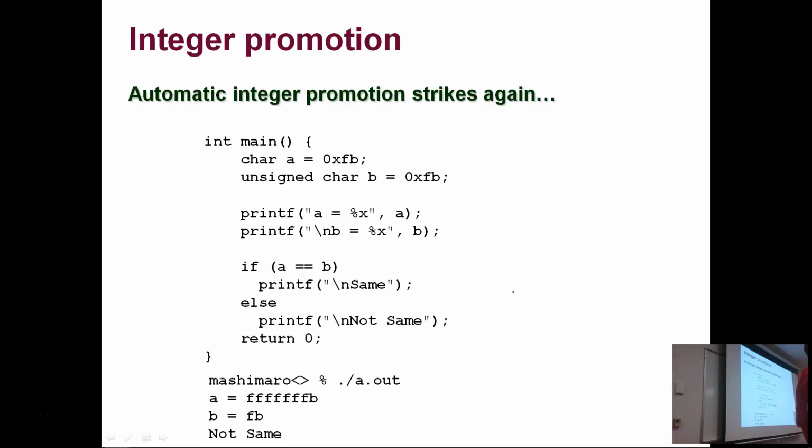I still don't get why the conditional A equals B promotion. If they just promoted to unsigned, isn't that what you were saying? It does the promotion before it does the, hey, this is an unsigned comparison. So it's the ordering.